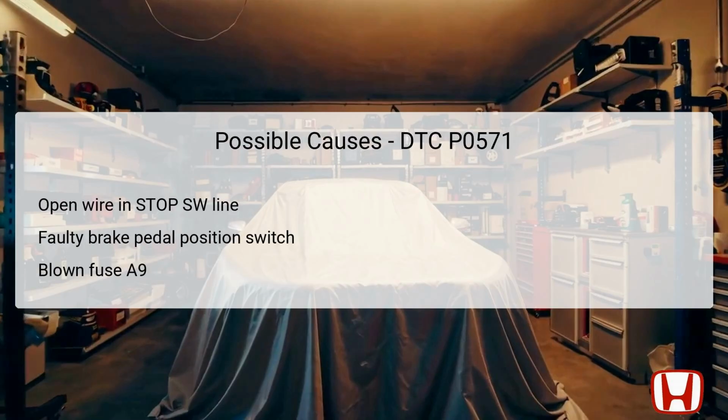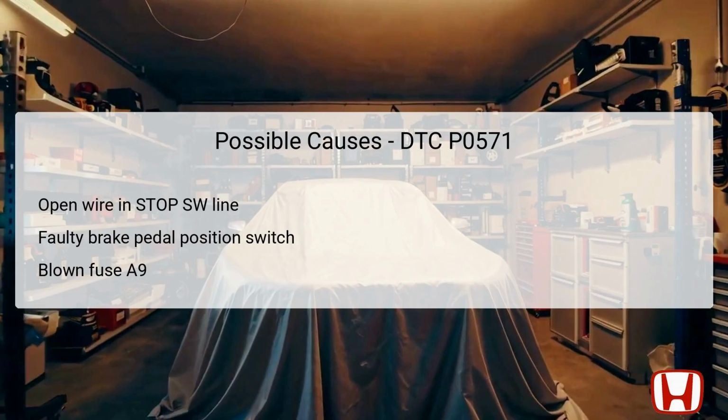The P0571 code can be attributed to several potential causes. The first possibility is an open wire in the stop switch line, which would interrupt the signal sent to the PCM. A faulty brake pedal position switch itself may also be at fault, which can prevent proper communication and responses when the brakes are applied.